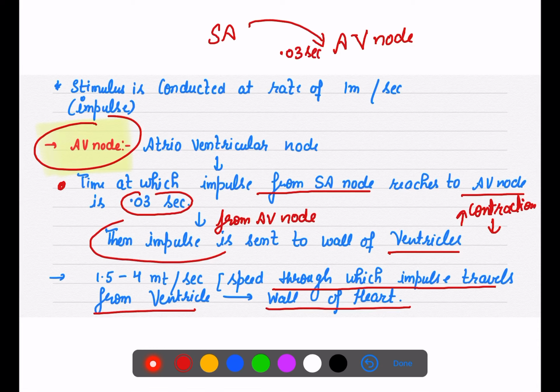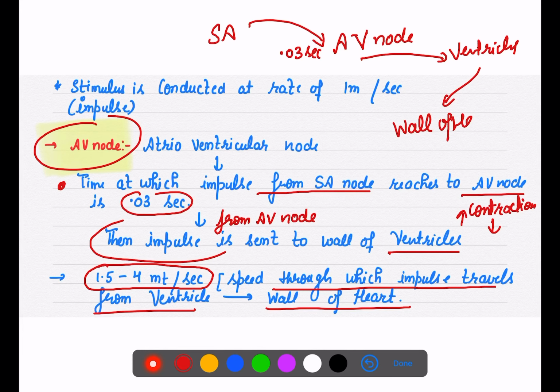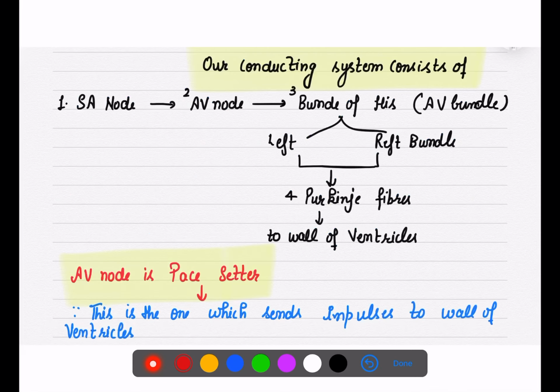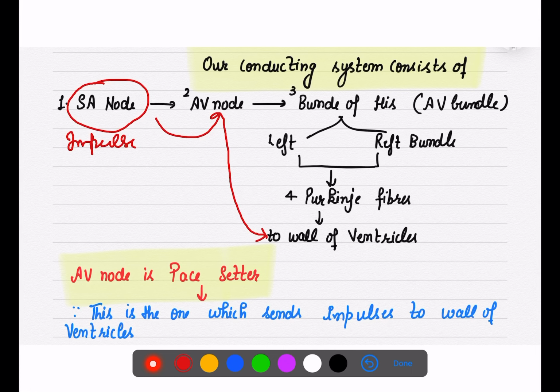And then at a speed of 1.5 to 4 meters per second, the impulse from the AV node passes to the wall of the heart. So what is happening? The impulse generated by the SA node passes on to the AV node, and then it is passed on to the wall of the ventricles.